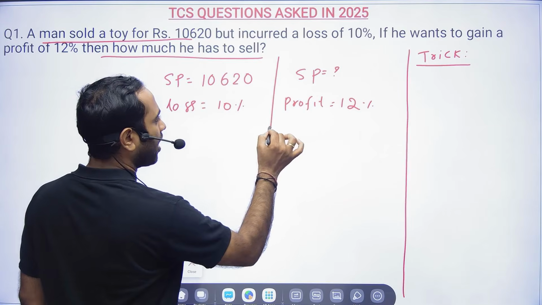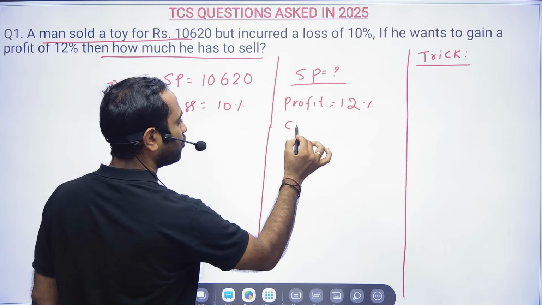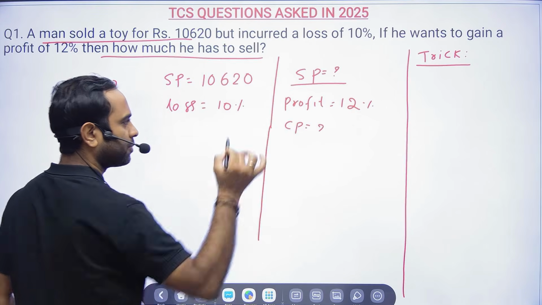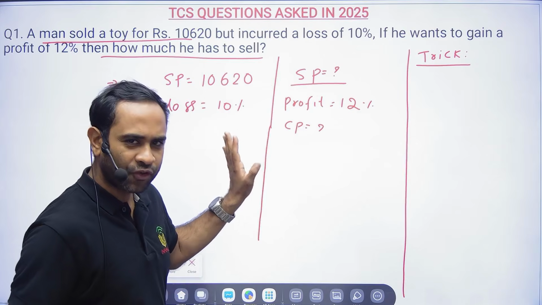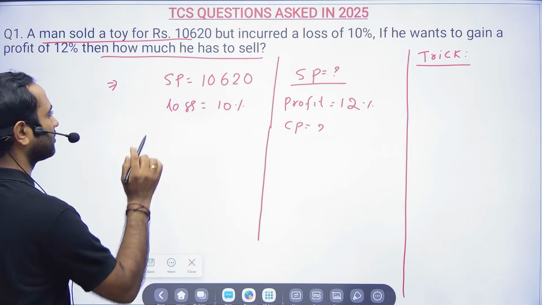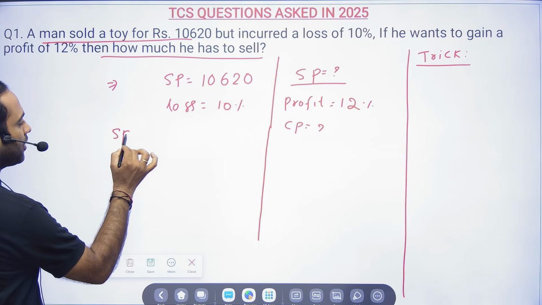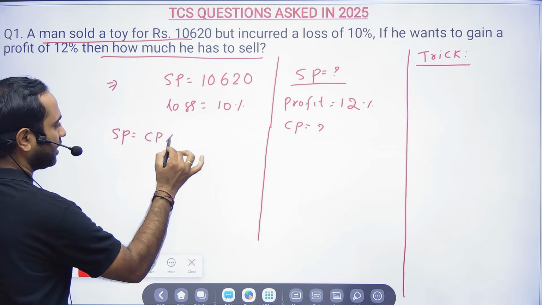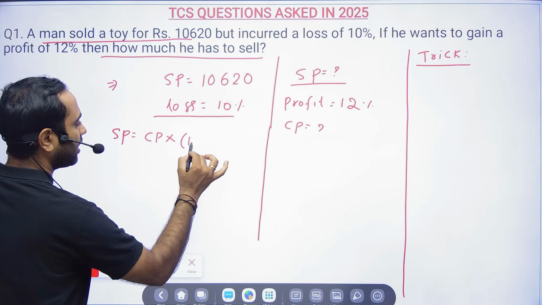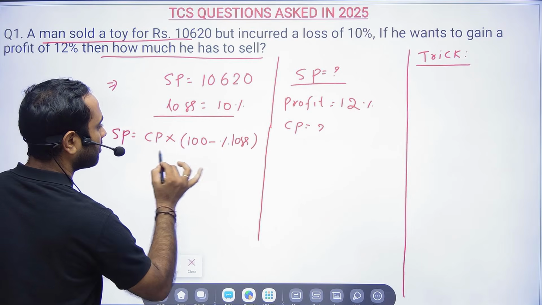See, if you want to tell the selling price, then you need to know the cost price, because profit is given. If you know the cost price, then you can easily tell the answer. Now the selling price formula will be cost price into, if there is a loss, then 100 minus percentage of loss, divided by 100.